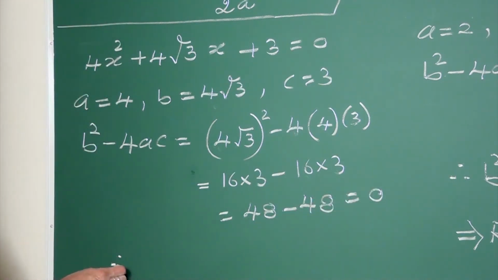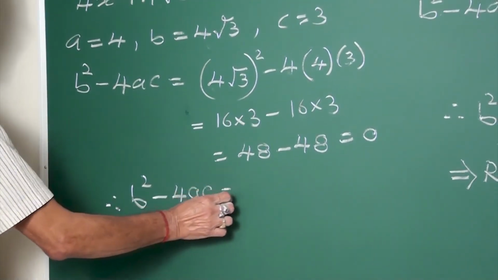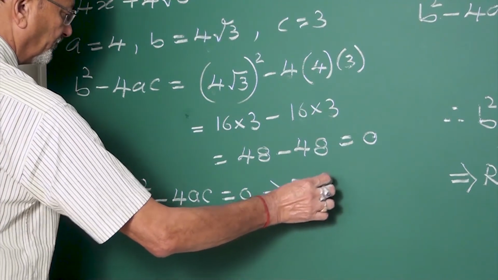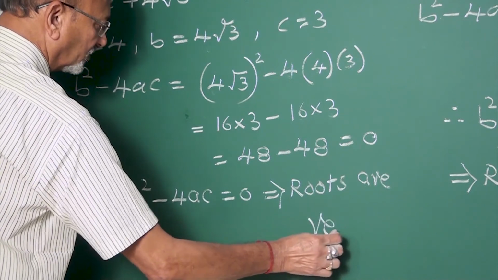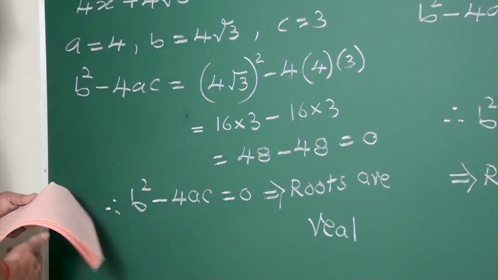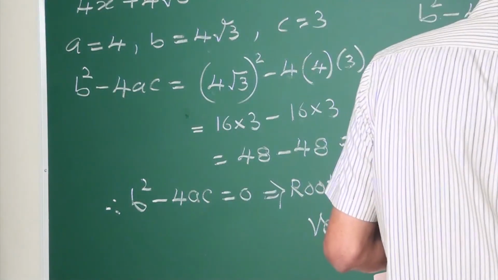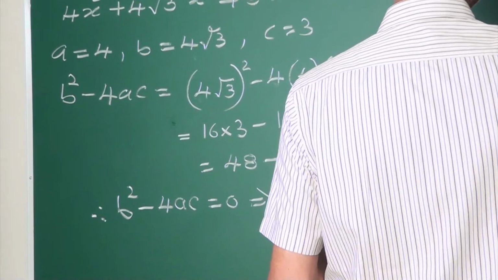Therefore, b square minus 4ac is 0. Implies roots are real. Roots are real, and they are.